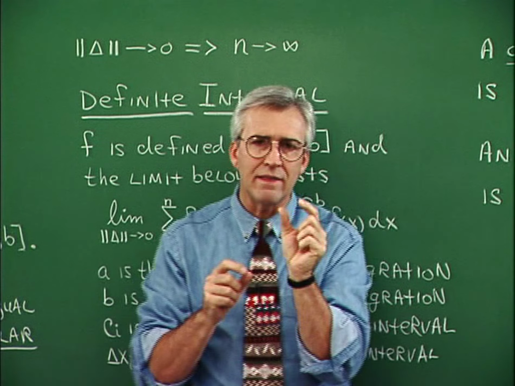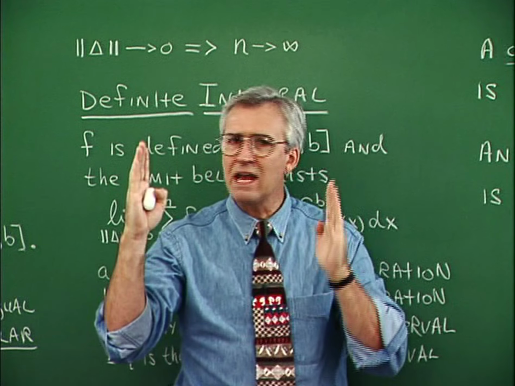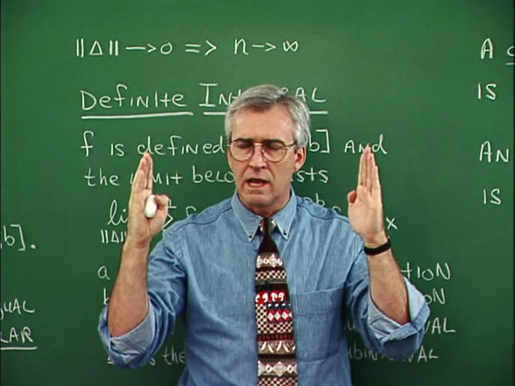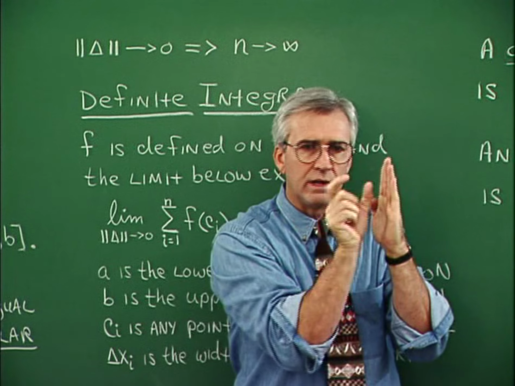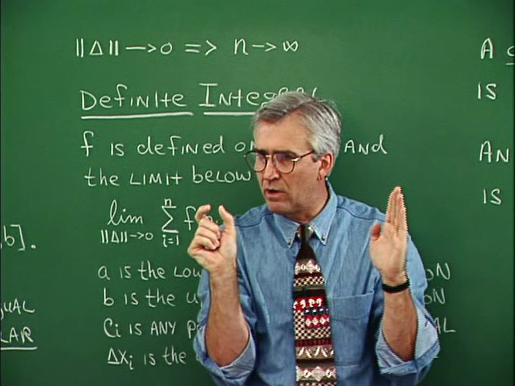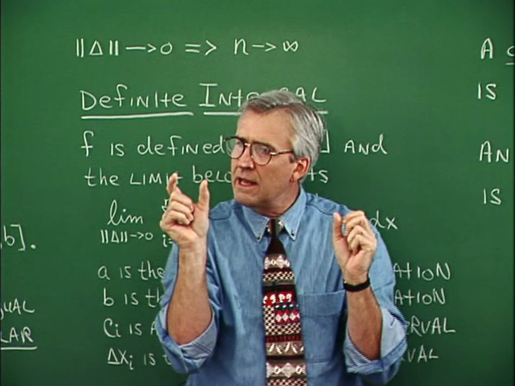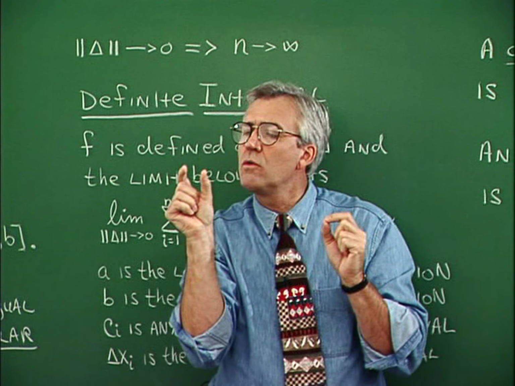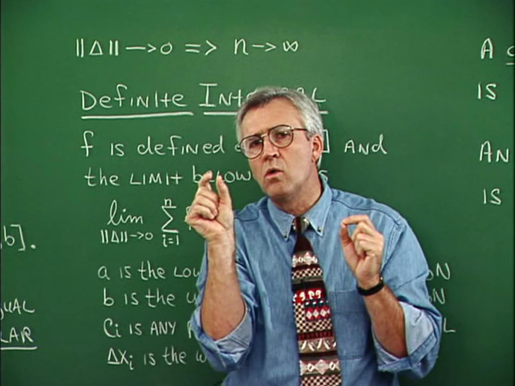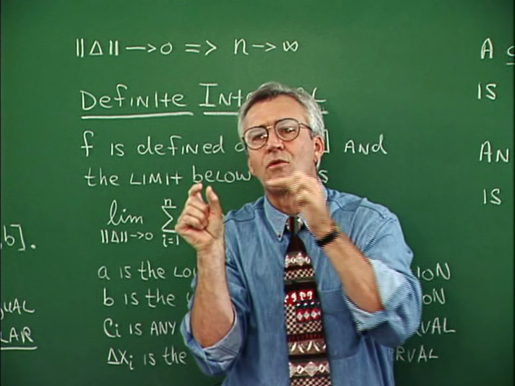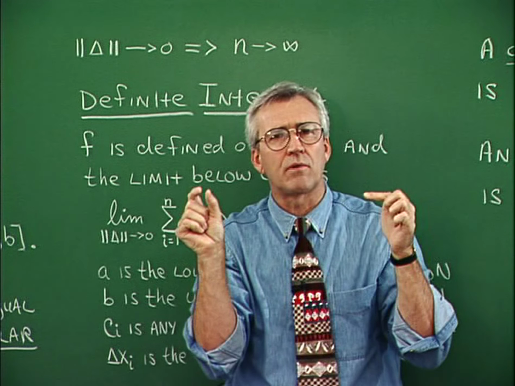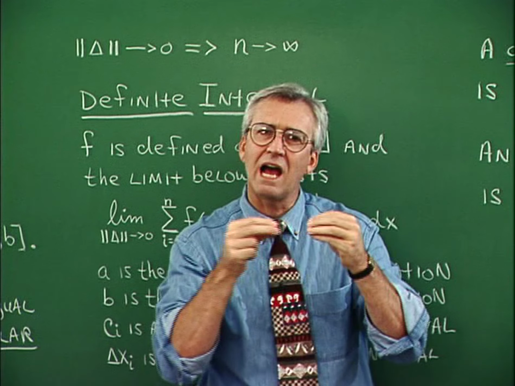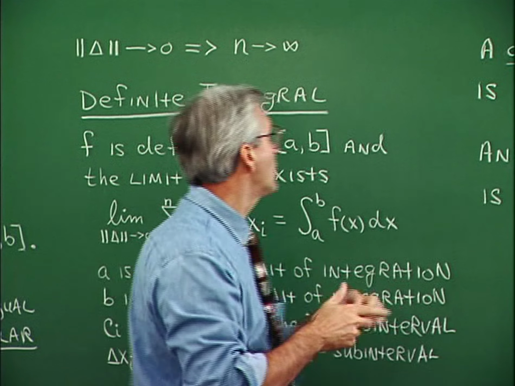Doesn't that imply that if we have this overall interval a to b, and a bunch of rectangles in here with widths associated with them, then in order for the largest width to approach 0, the number of rectangles has to approach infinity? That's an important idea to tie in with what we have been talking about.